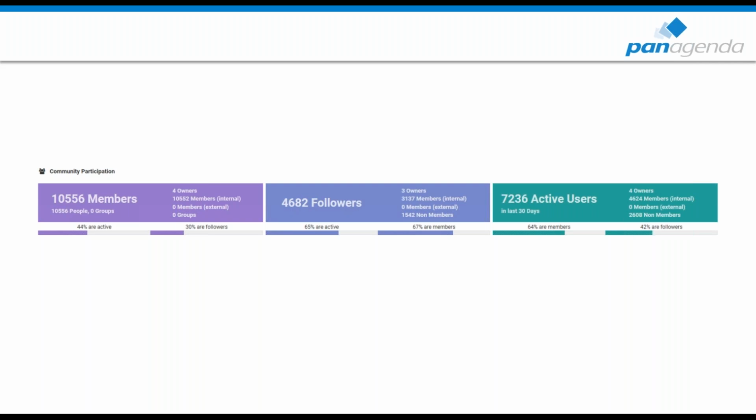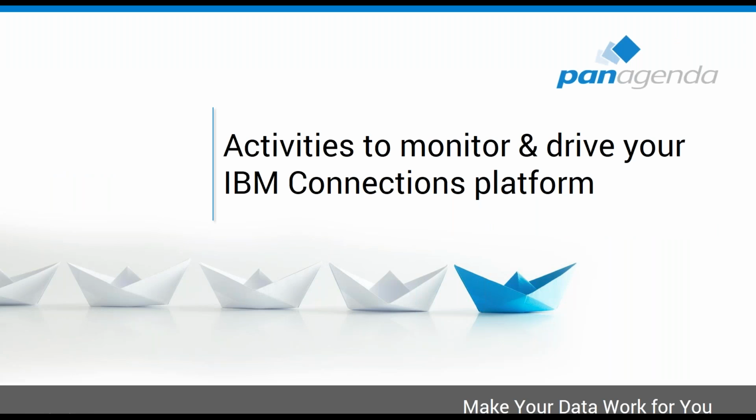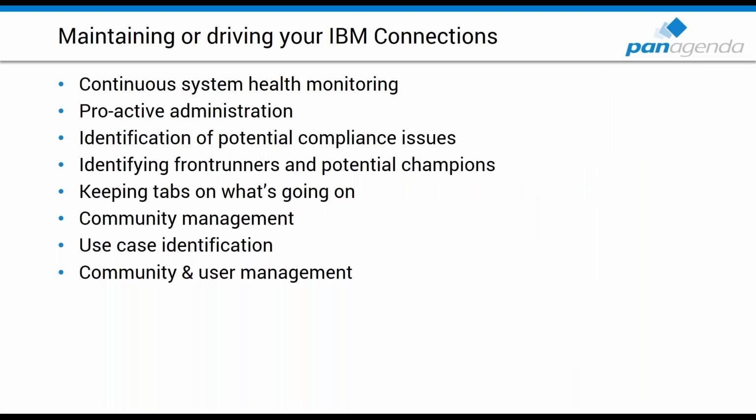And then to show you an example of one of those big communities, that big yellow bubble that you just saw in the upper right corner, that represented in this case a community that has over 10,000 members, about 5,000 followers, or 4,500 followers, and 7,000 active users. Now what is interesting here, I can have members and followers, but the active users are the ones that are actually in the community.